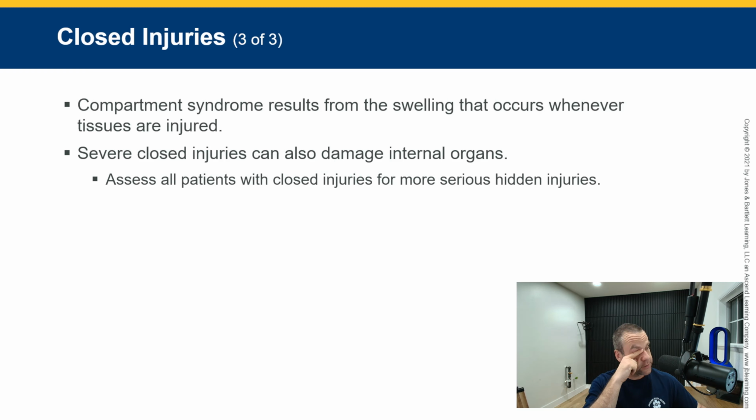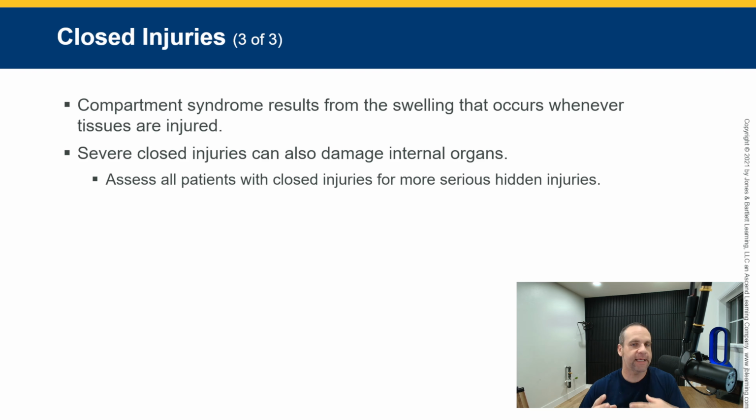Now, moving on to compartment syndrome. Compartment syndrome occurs when the swelling inside a closed soft tissue compartment raises the pressure enough to interfere with circulation. Because fascia and the surrounding tissues don't stretch that well, expanding edema can compress vessels and reduce delivery of oxygen and nutrients to the tissues inside that space.